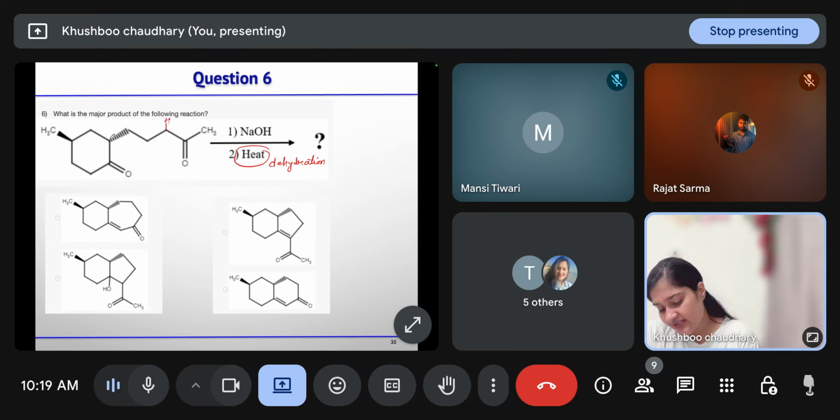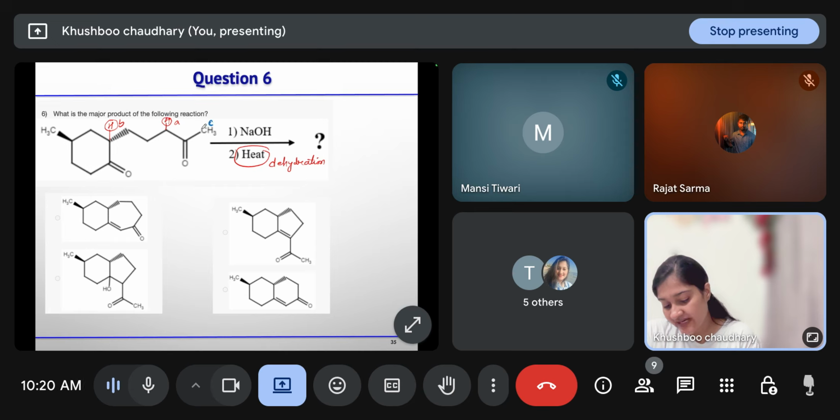It can abstract this alpha proton or this alpha proton. Now which one is less hindered? Among A and B, which one is less hindered? A. So base will abstract the proton from this side, or it can take from the C also.